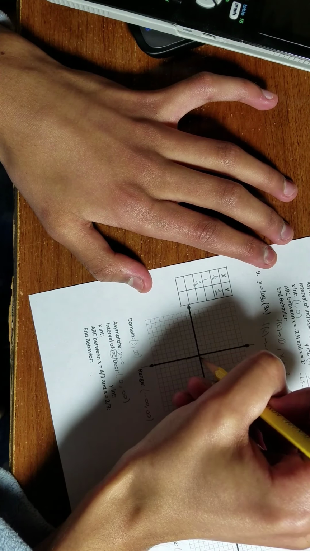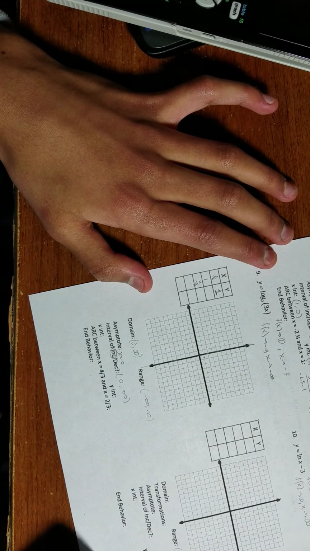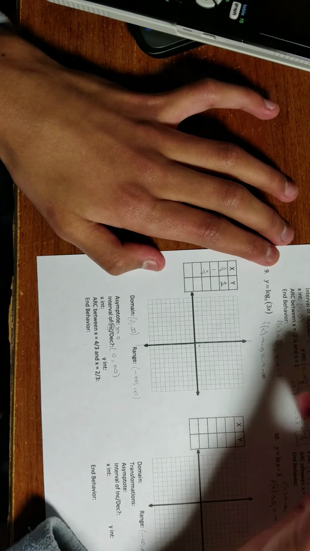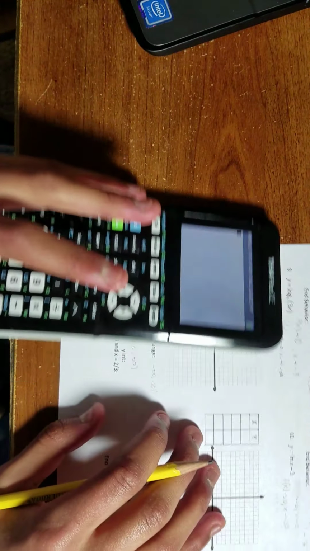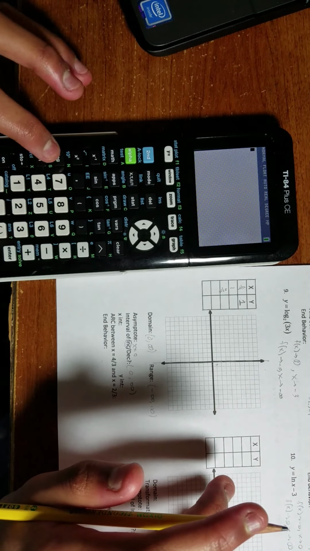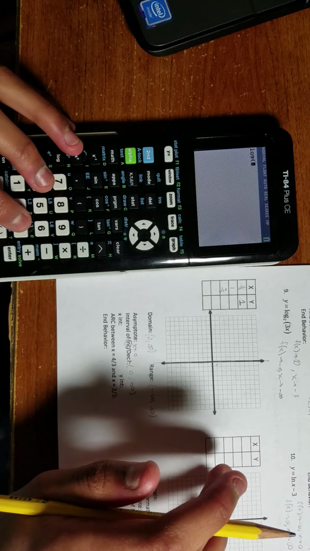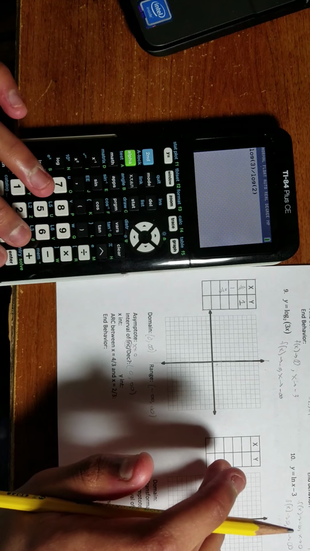So 2/3, 1. Trying to be as approximate as I can with it. Then 1, that's 3. Put that in the calculator here. You multiply that, that's 3, so you put your log 3 divided by log 2 the base.